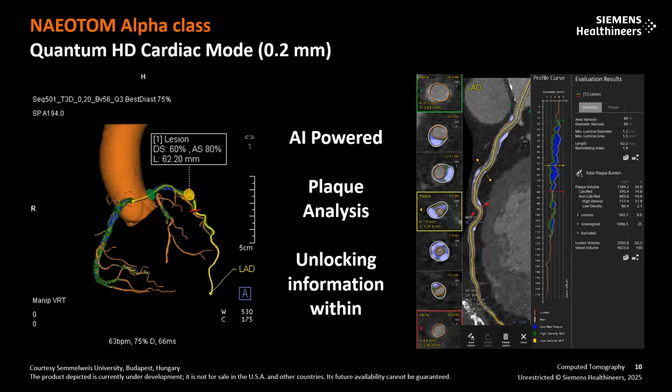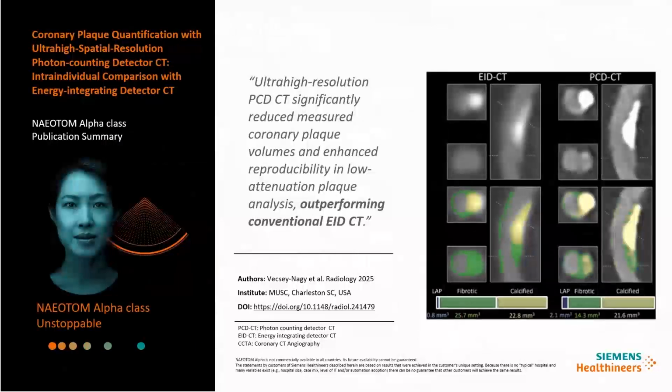And the reliability will only come from NAEOTOM Alpha class with the high resolution because you are able to see better. And if you can see better, you can actually quantify it better. And it's not just hearsay from my side. There's, of course, a paper out there as well, again from MUSC, which proves again that photon counting detector outperforms conventional energy integrating detectors when it comes to, again, quantifying the plaque that you're seeing.